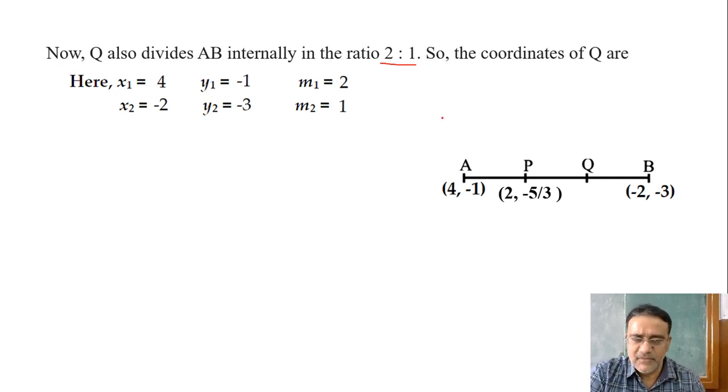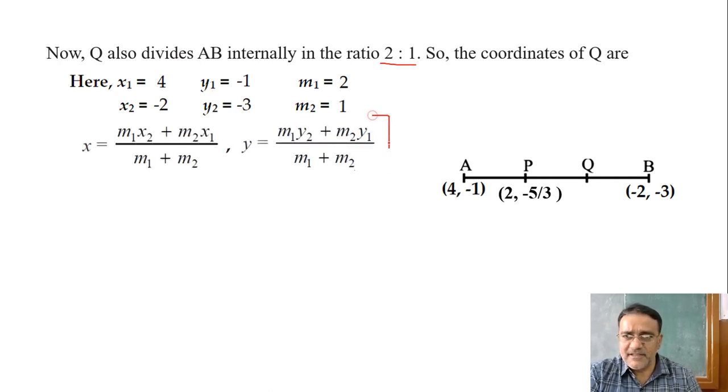Now x we know is m1 x2 plus m2 x1 upon m1 plus m2, and y is m1 y2 plus m2 y1 upon m1 plus m2. Now see, the formula is not mandatory. Already we wrote it in the first part, so here there is no need to write it. We can write directly. So 2 into minus 2 plus 1 into 4 upon 2 plus 1.